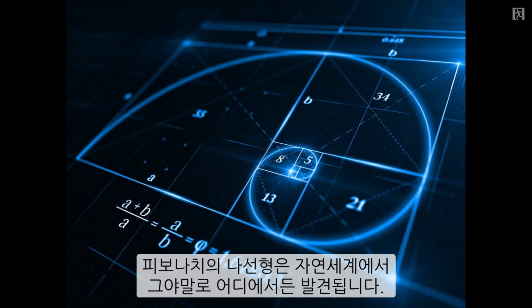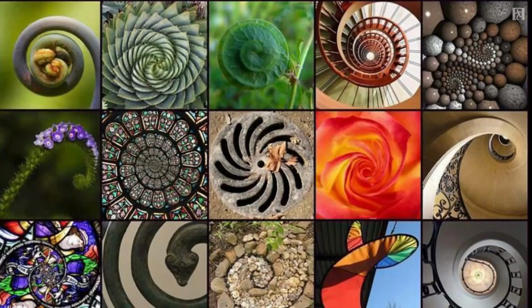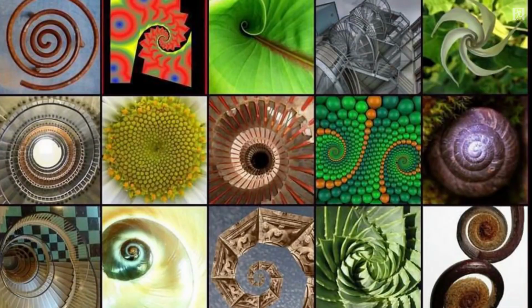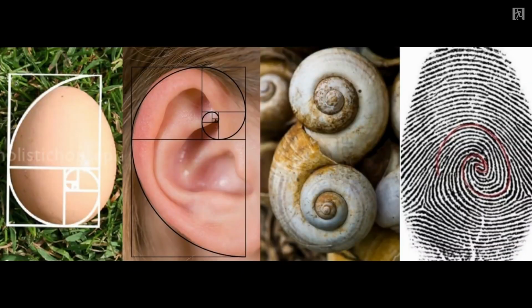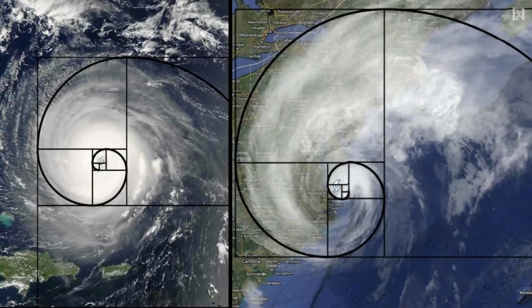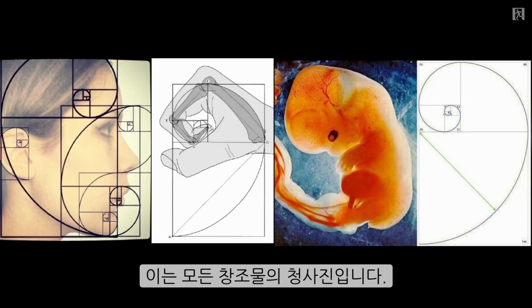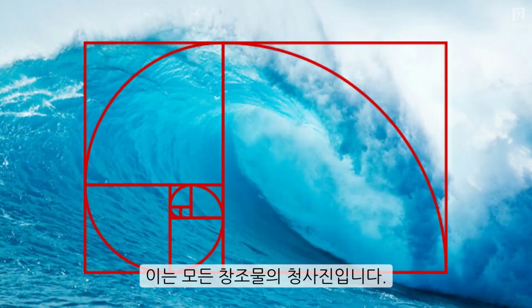Fibonacci's spiral is literally found everywhere in the natural world, on both a microcosmic level and a macrocosmic level. It is the blueprint of all creation.